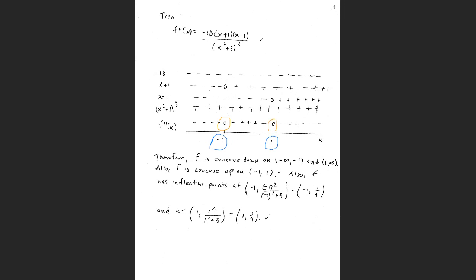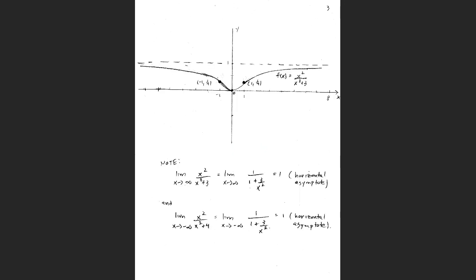But what I want to ask you is, what does it mean when a second derivative is equal to 0? How do we interpret that? Well, let's look at the graph. We drew the graph using calculus. Let's look at x equals -1 and 1.